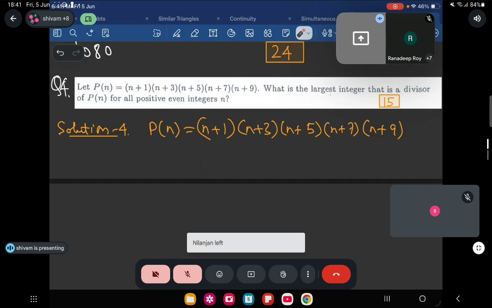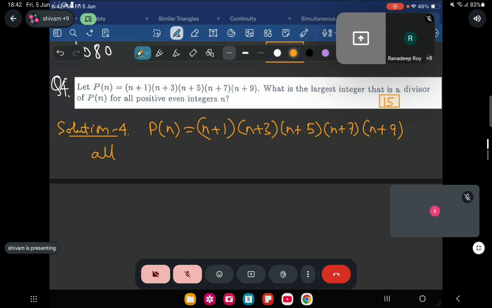Now, product of 5 consecutive odd natural numbers. At least one of the numbers will be divisible by 5, right or not? At least one of n plus 1, n plus 3, up to n plus 9 is divisible by 5.